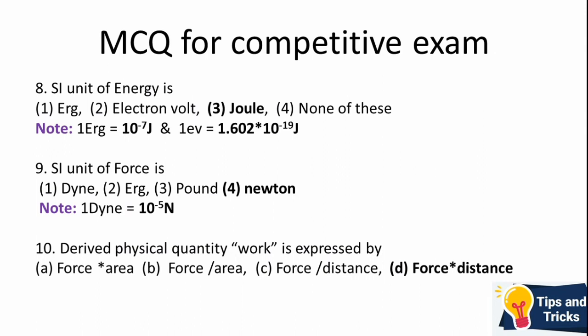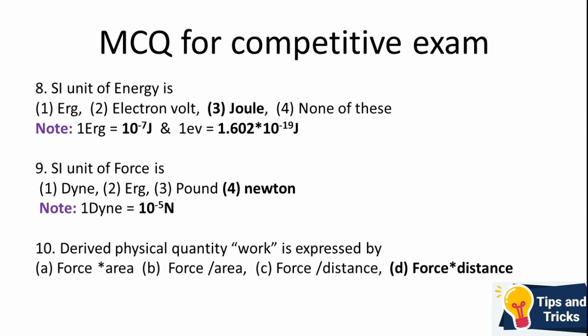So the correct option is option 4, that is SI unit of force is Newton. And the important conversion which we need to remember is 1 dyne is equal to 10 power minus 5 Newton.